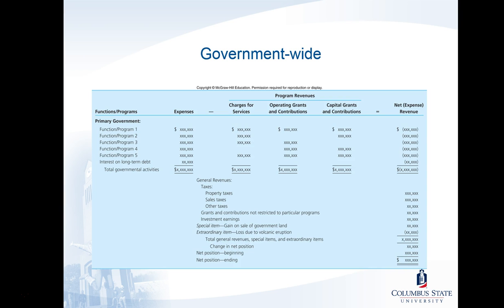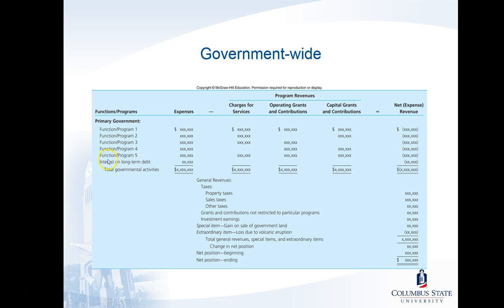And so here is what the typical government-wide statement of activities looks like. On this side, we have it divided up. The primary government is divided up by function or programs 1 through 5. Notice they've isolated the interest on long-term debt.